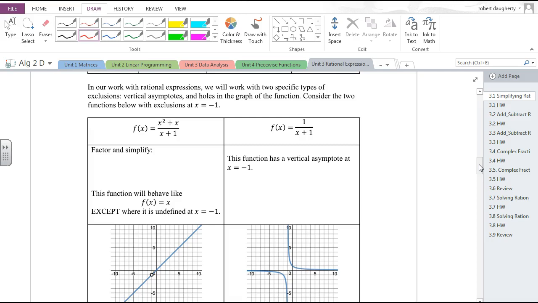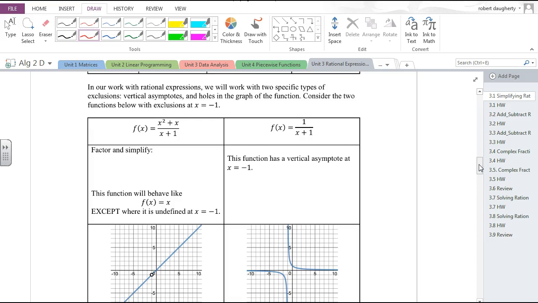Let's look at something like this. X squared plus x divided by x plus 1. Now, what you've got to be very good at in this unit, besides the arithmetic and not making careless mistakes, is factoring, okay? So you have to look at every rational expression and say, is it factored? I've got a numerator and a denominator. Can I factor that denominator any more than what it is? X plus 1. No. What about the numerator?